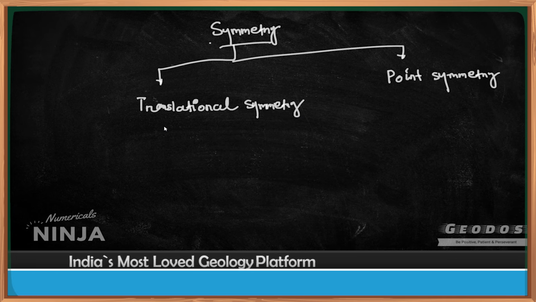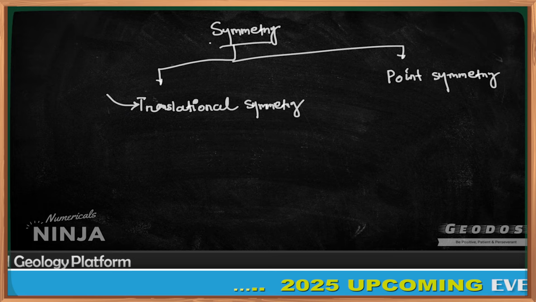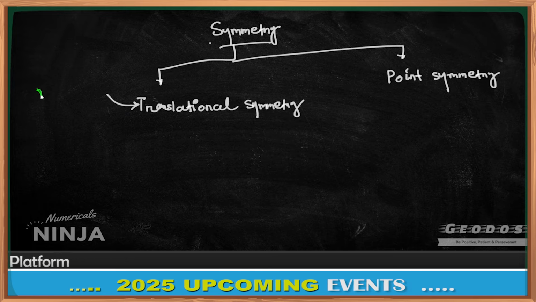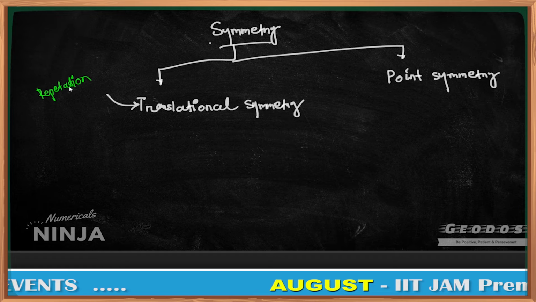By which I can also know whether I am connected or not connected. So in translational symmetry, what happens? See, what is the meaning of translation? It is the repetition.